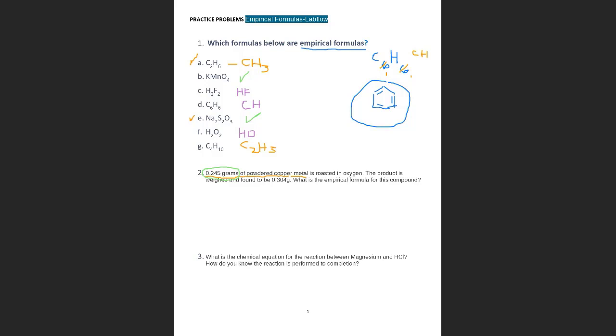And they are saying that the copper metal reacts with oxygen to obtain a product that is copper X oxygen Y. So what I have to do is find this X and find this Y and write the formula of that compound.